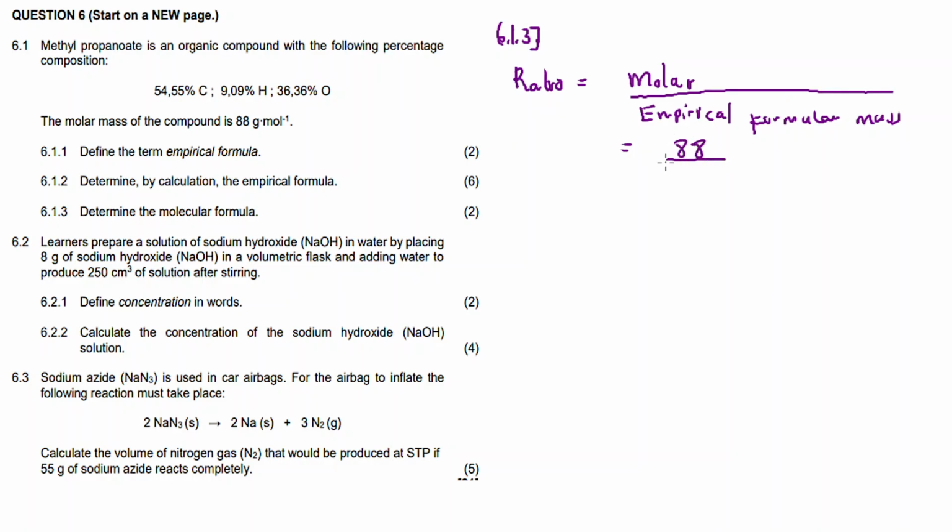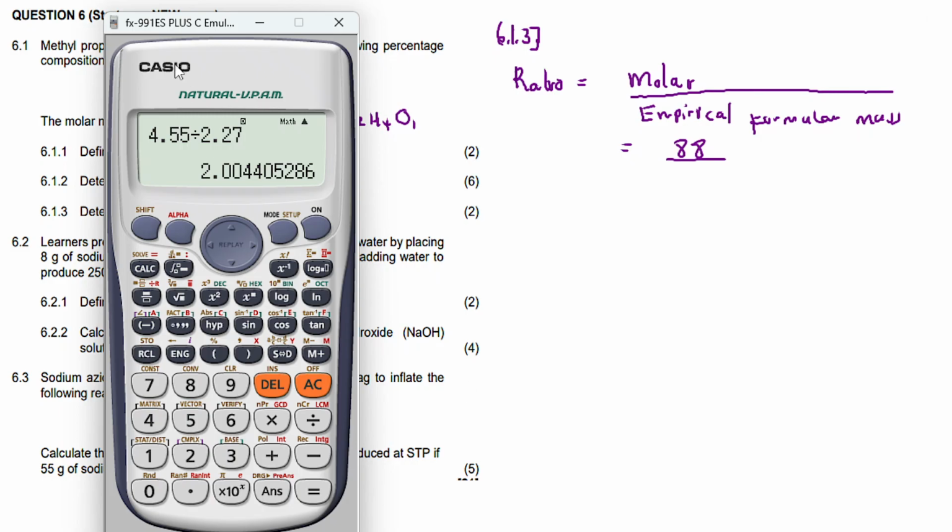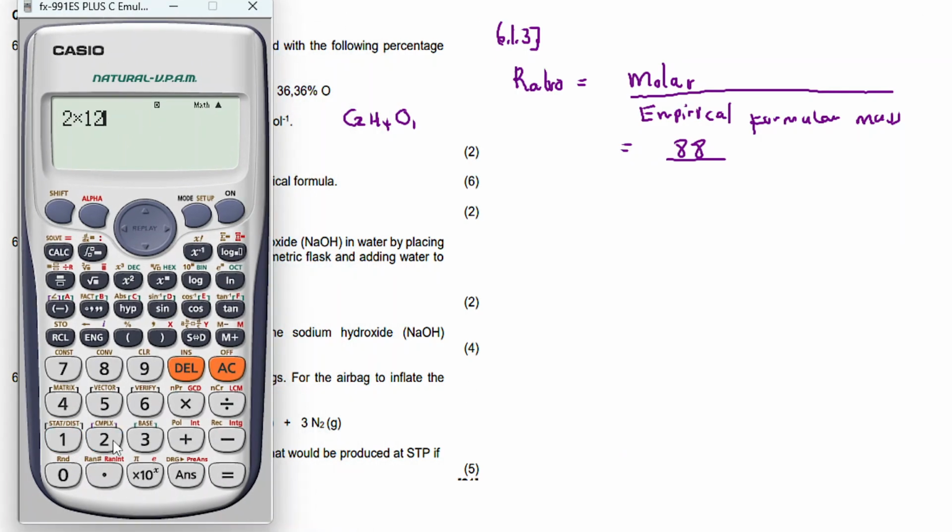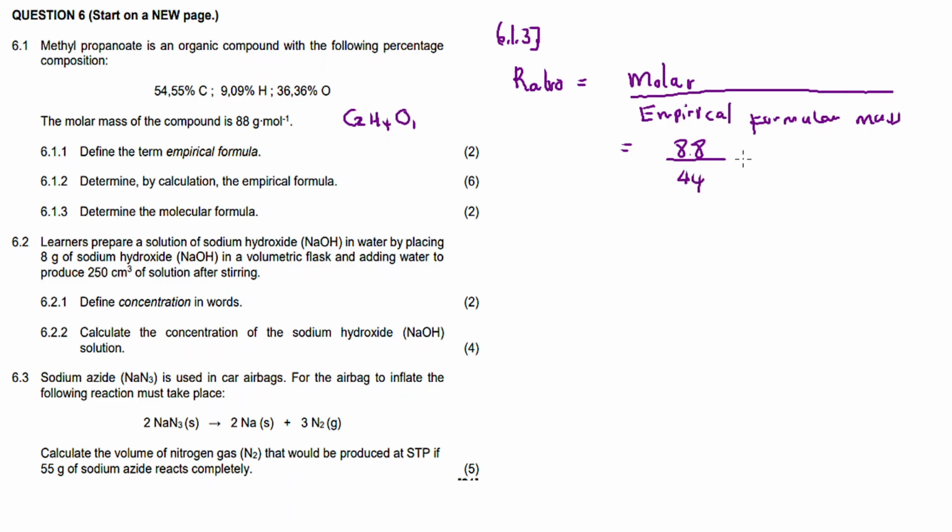88. How about the empirical formula mass? The empirical formula is C2H4O1. So the molar mass for the empirical formula is 2 times 12 plus 4 times 1 plus 16, which is 44. 88 over 44 is 2.